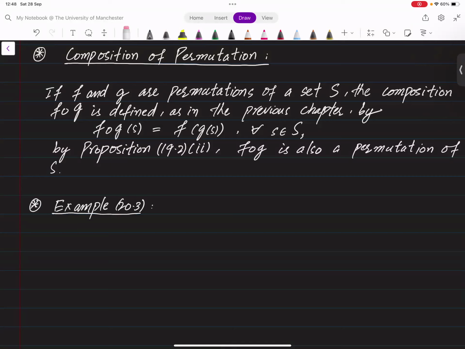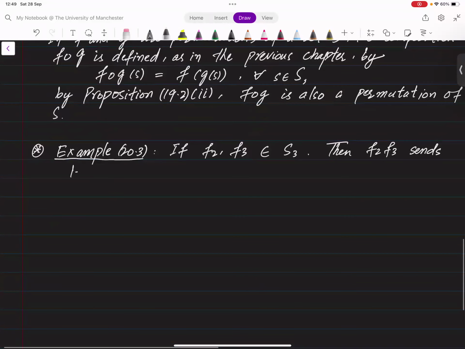So let's say if F2, F3 are in S3, then F2 F3 sends 1 to 2, 2 to 3, 3 to 1.